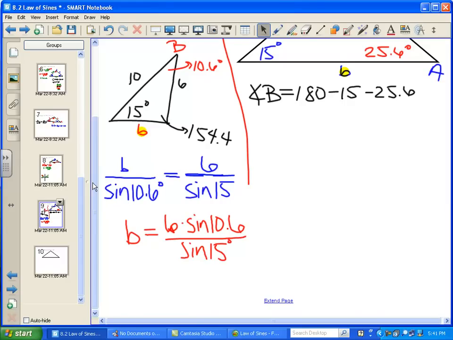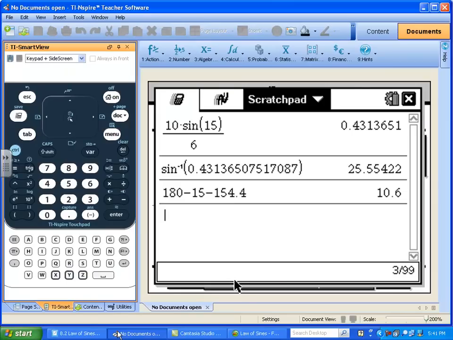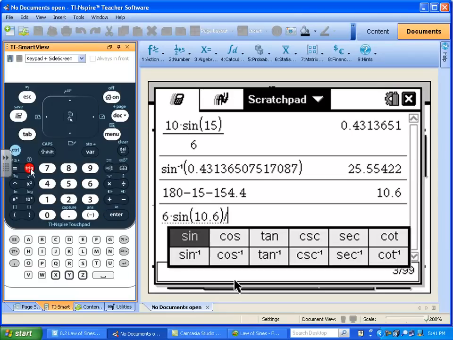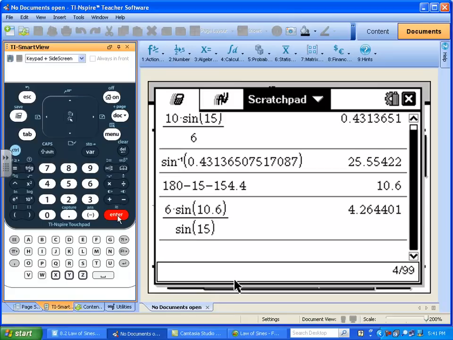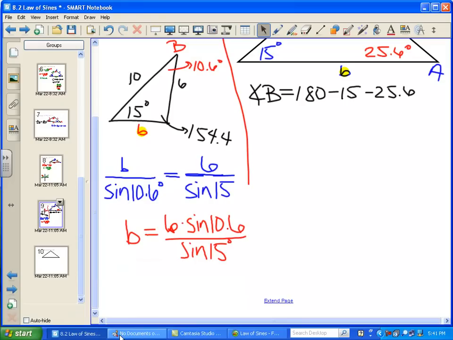So we'll put that in the calculator: 6 times sine of 10.6 divided by the sine of 15 degrees. And I get that the side length B in this particular triangle is 4.26. So in this triangle, I'll replace that with 4.26 approximately. Now that triangle is solved, right? I've got all three angles and all three sides.